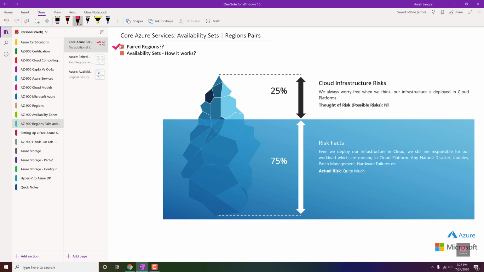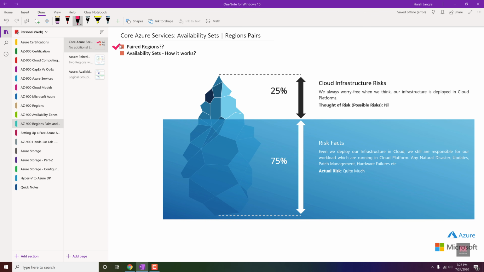We must have a way to make sure our applications are back in a working state in minimal time. So they introduced region pairs. I will talk about this in more detail, don't worry, and I will also cover it in the practical in an upcoming video.